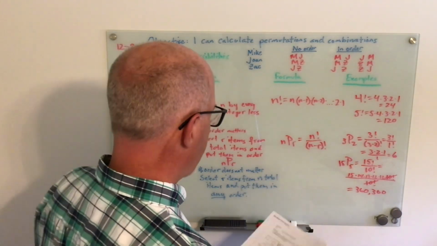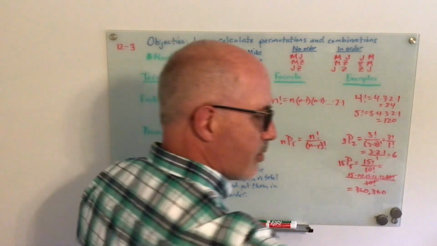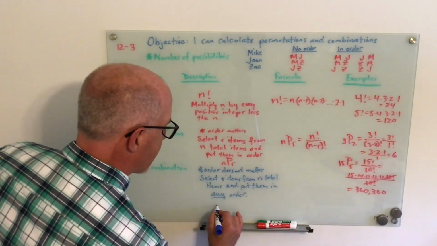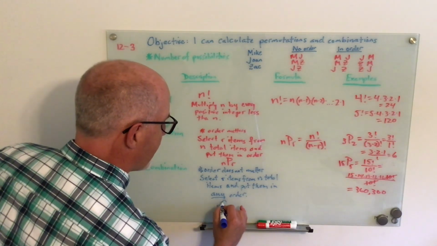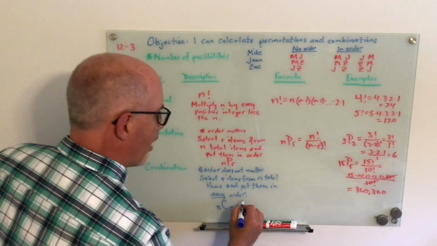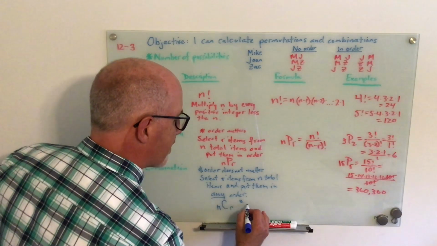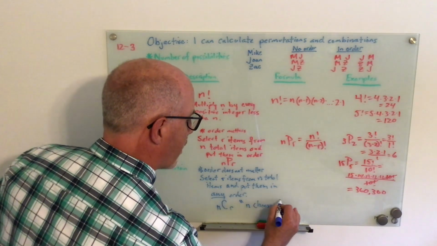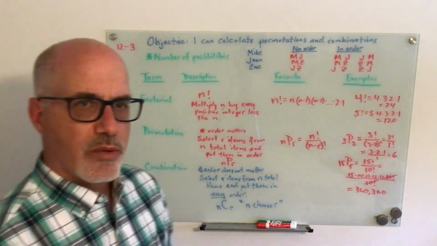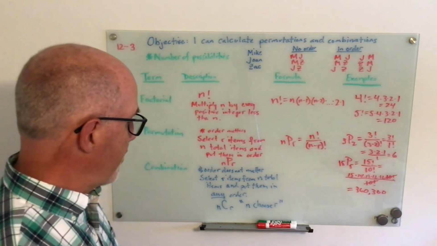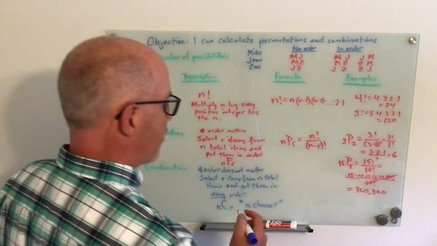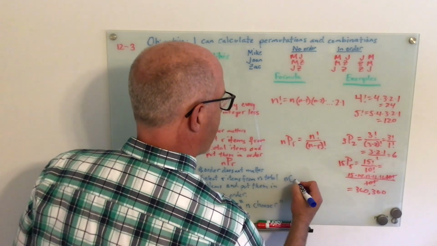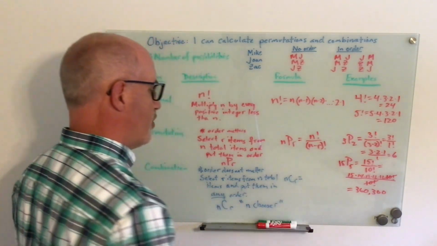The notation we use, and there's also a word that we use with this one, is n with a C for combination, r, and we often say it this way: n choose r. It's a short way of saying that phrase. So let's do our formula. nCr, n choose r.